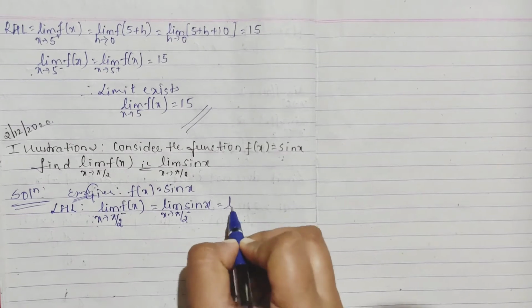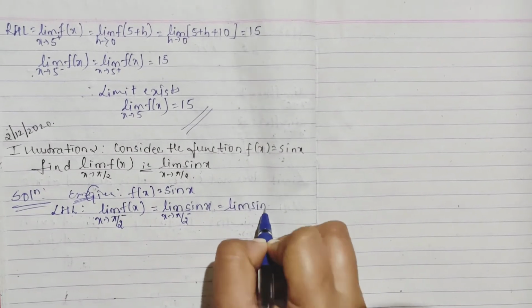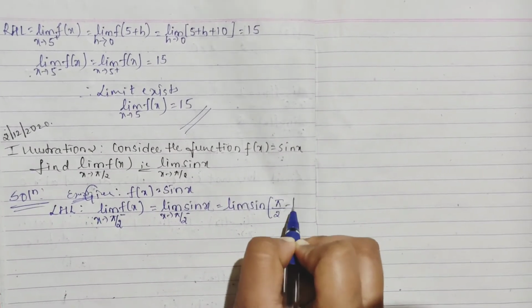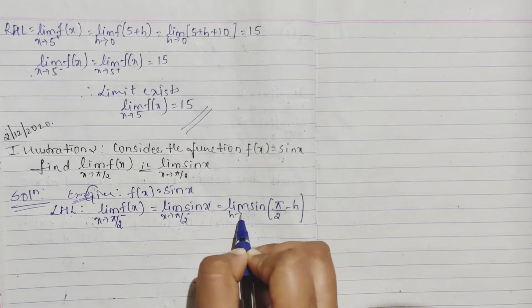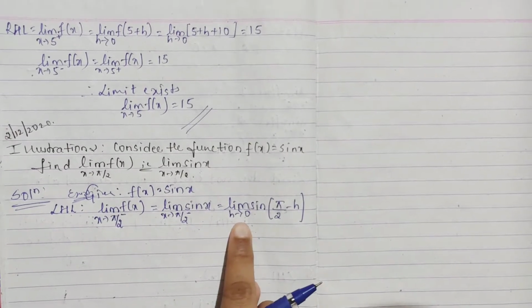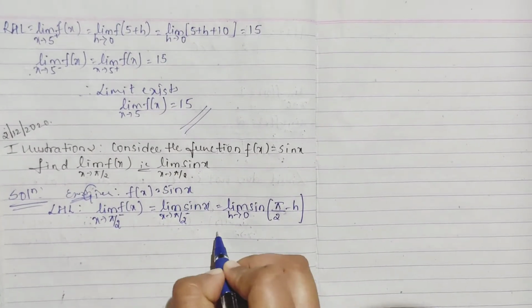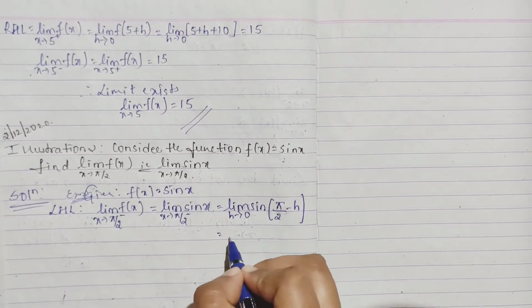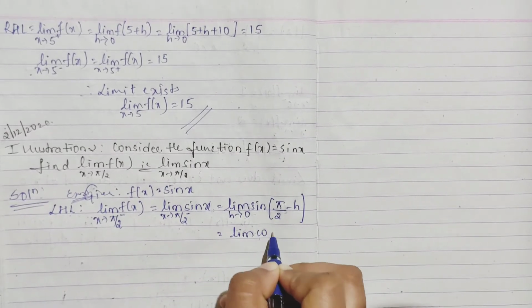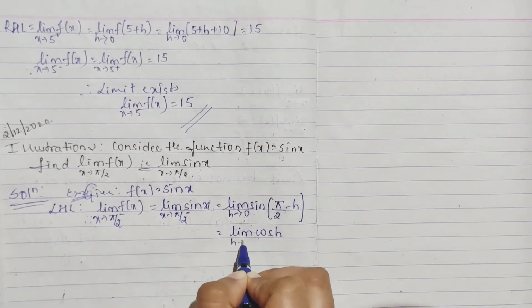So I can write limit sin of pi by 2 minus h as h tends to 0. Sin pi by 2 minus h is what? Yes, sin 90 minus theta is cos theta, right? So it becomes cos h as h tends to 0.